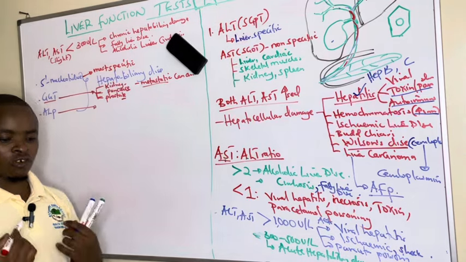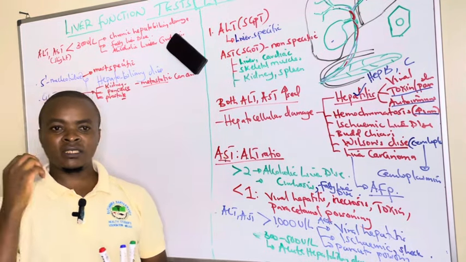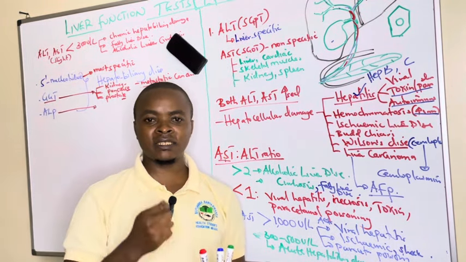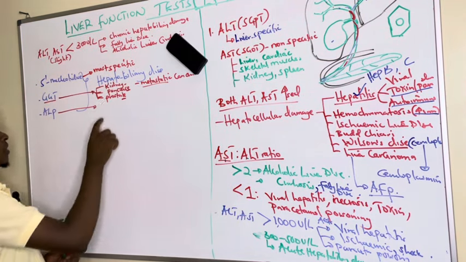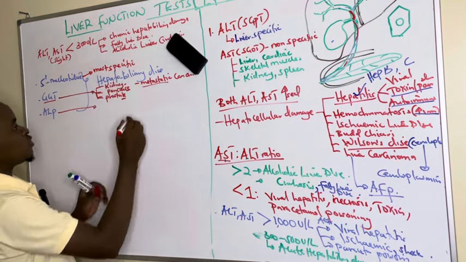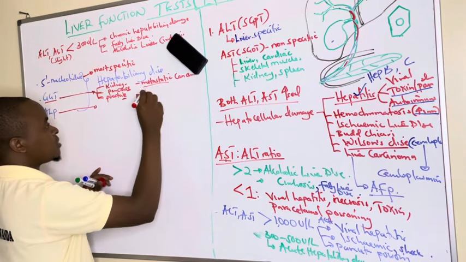So whenever I ask you an objective question, which of the following enzymes is first elevated in metastatic cancer, that is GGT. Then we can see it also elevated in drug intoxication like barbiturates.